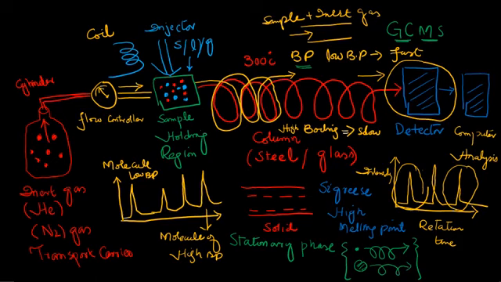On the basis of retention time inside the column of the gas chromatograph, the gas chromatograph draws a graph which is known as a gas chromatogram. And on the basis of the peaks of the graph, we analyze different types of molecules present in a complex compound. So this is all about gas chromatography.